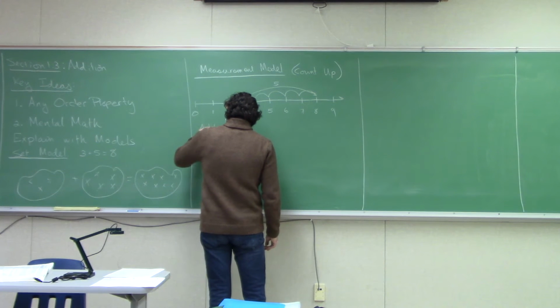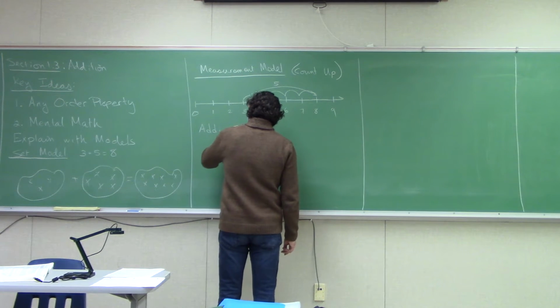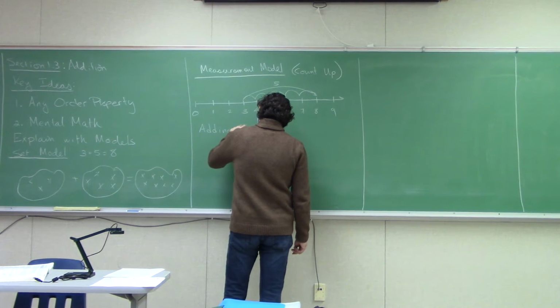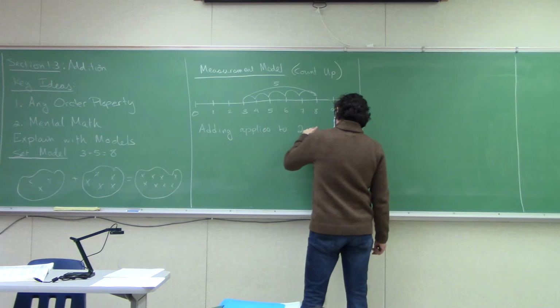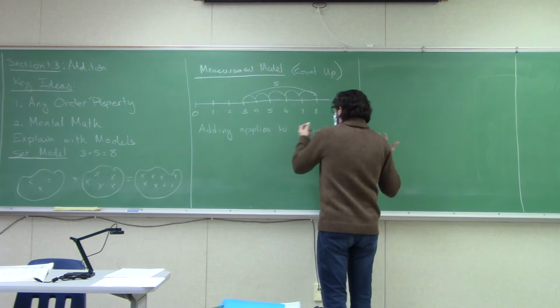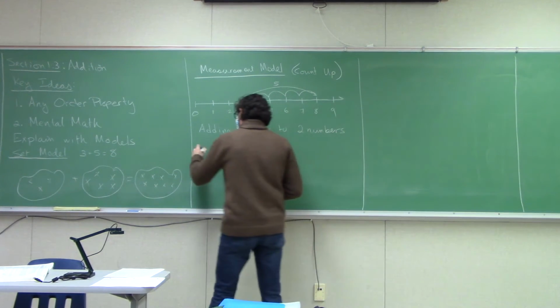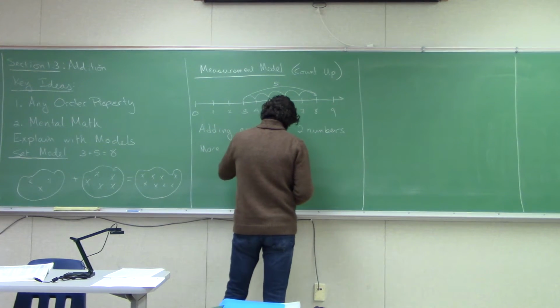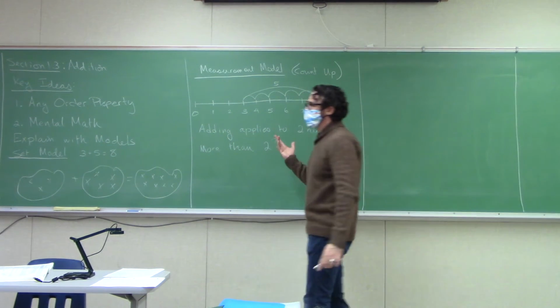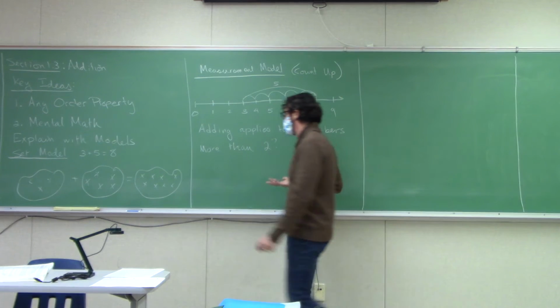A couple of notes here. Adding applies to 2 numbers. I have to give you 2 numbers. The question is, what if you have more than 2? Well, we already know what to do.